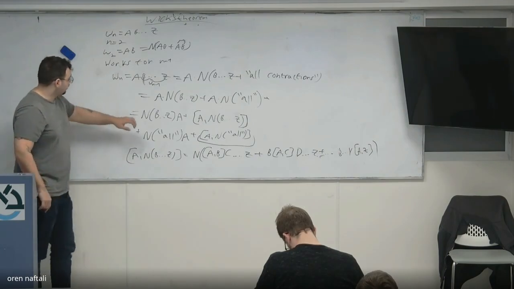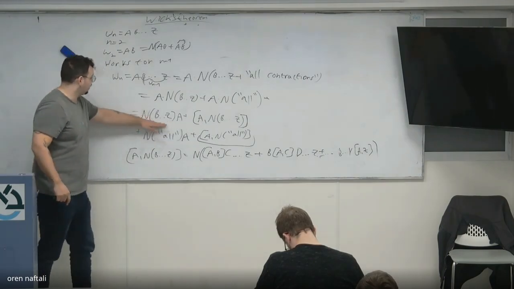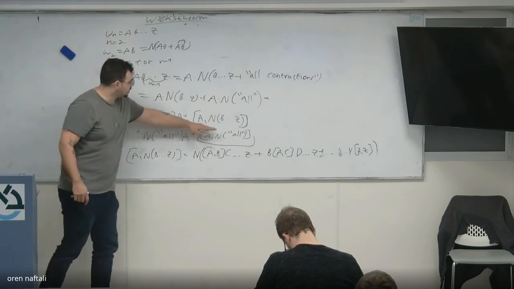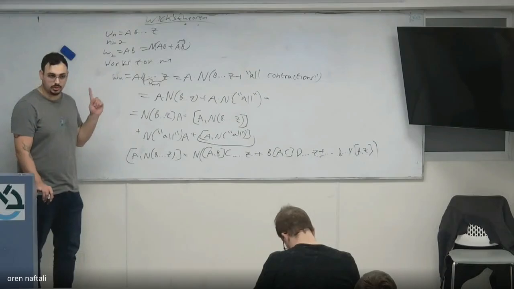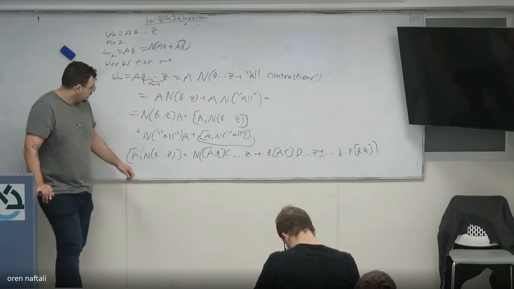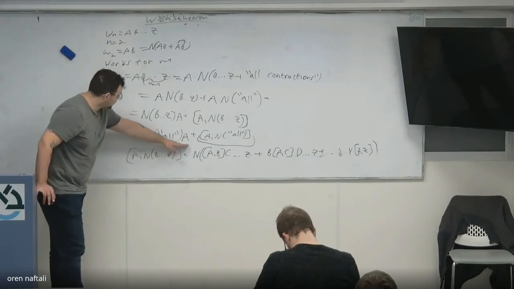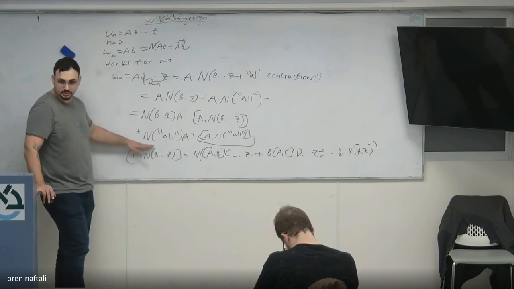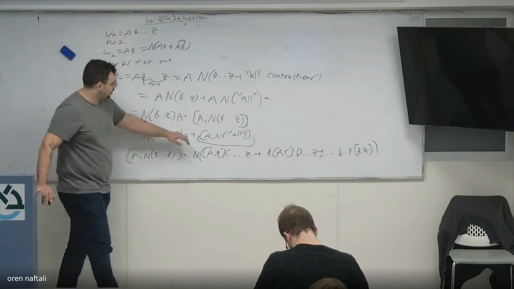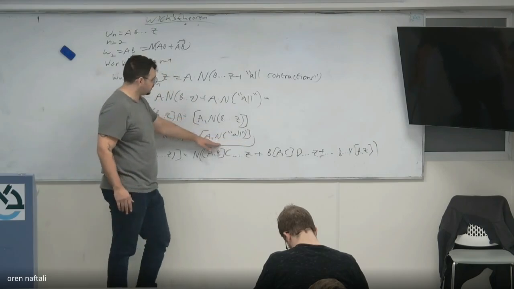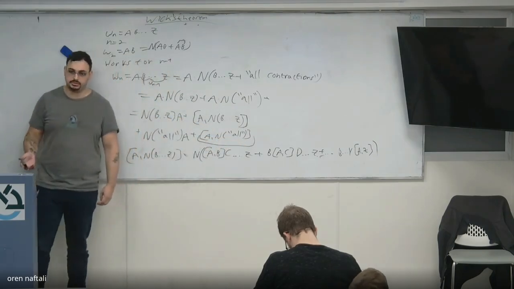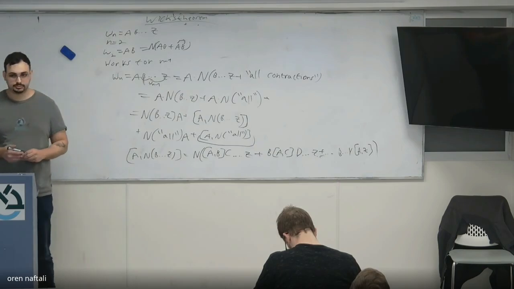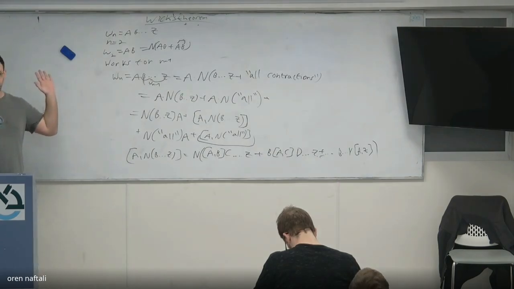Now we have this term, which is the normal order with no contractors. This term, which is the normal order with just one contractor involving A, and this next term is all the contractors that don't involve A. The last term would be all the contractors that involve A plus another contraction. And I'm done.